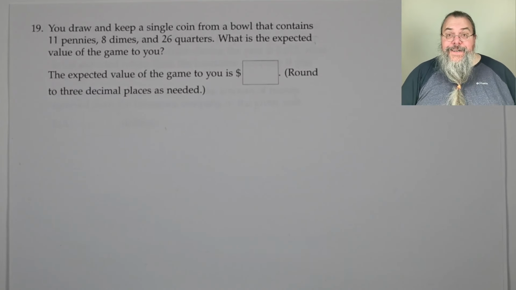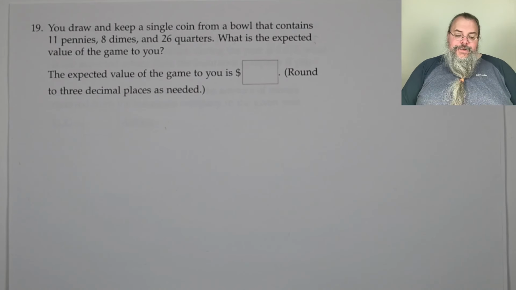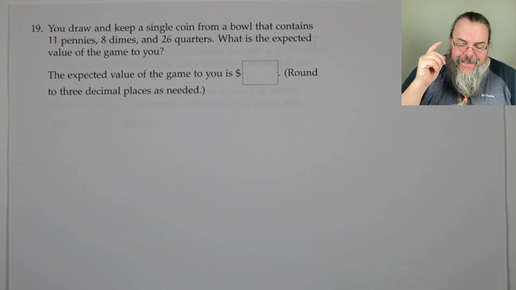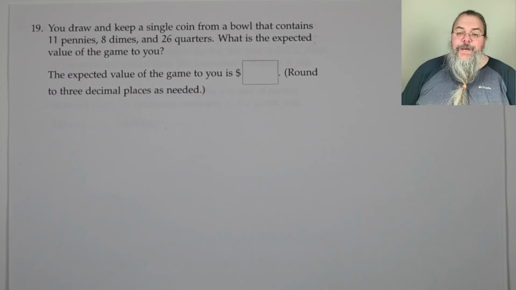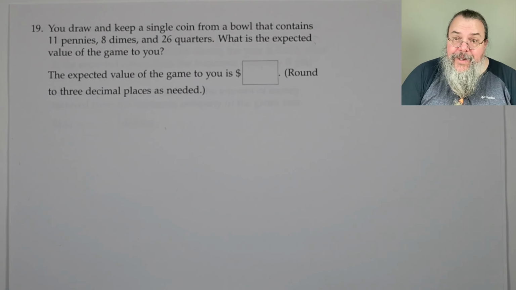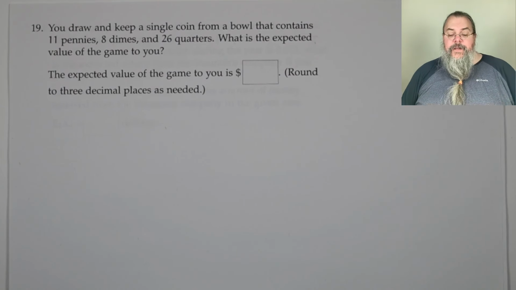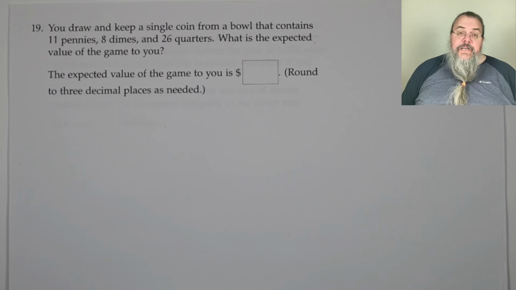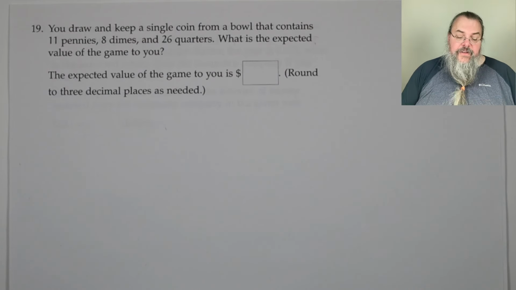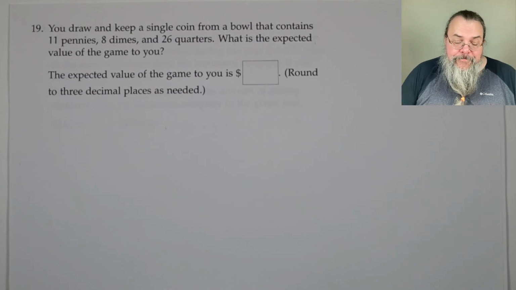All right. Number 19. You draw and keep one coin, a single coin, from a bowl that contains 11 pennies, 8 dimes, and 26 quarters. What is the expected value of the game to you? And it says round to 3 decimal places as needed.